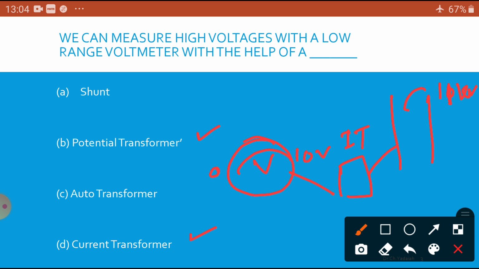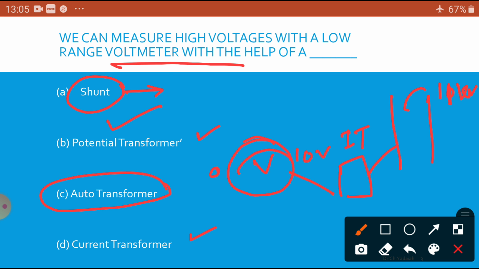Here, what is the range? Voltage. You are going to measure the voltage, and for that purpose I can use only the potential transformer. A shunt is used for low measurement of currents in ammeters, and auto transformers can only vary the voltage.